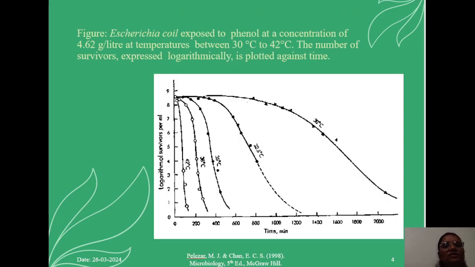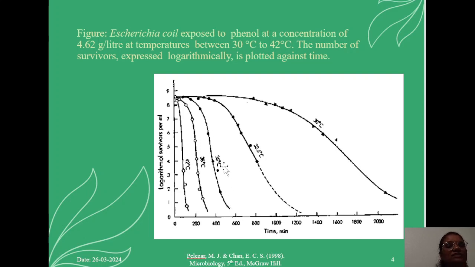These are some of the figures I have taken from the reference books. For example, in this figure they have tried to show the effect of phenol, taken at a fixed concentration, while changing the temperature, that is the environmental condition.